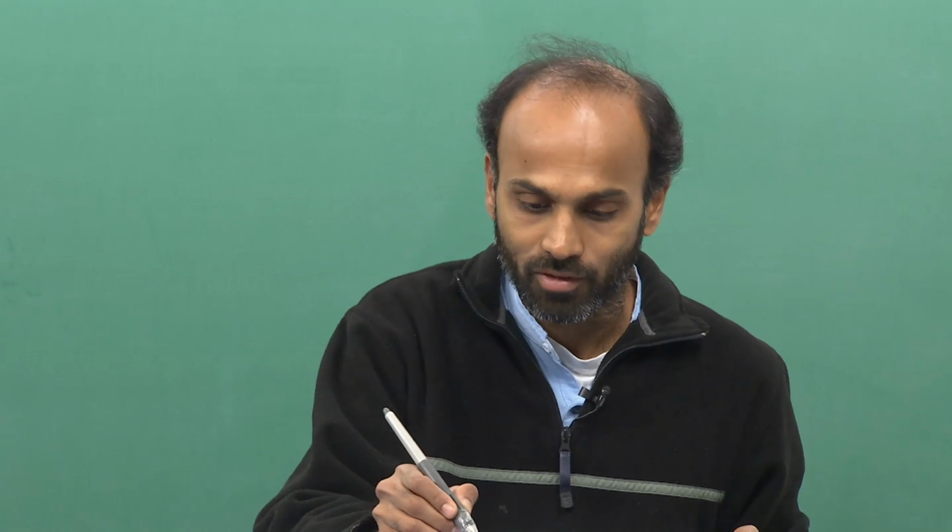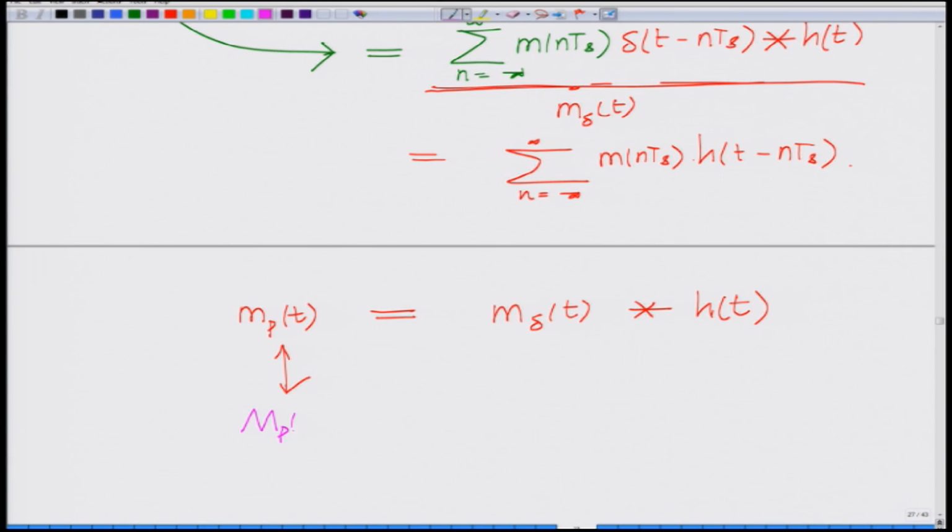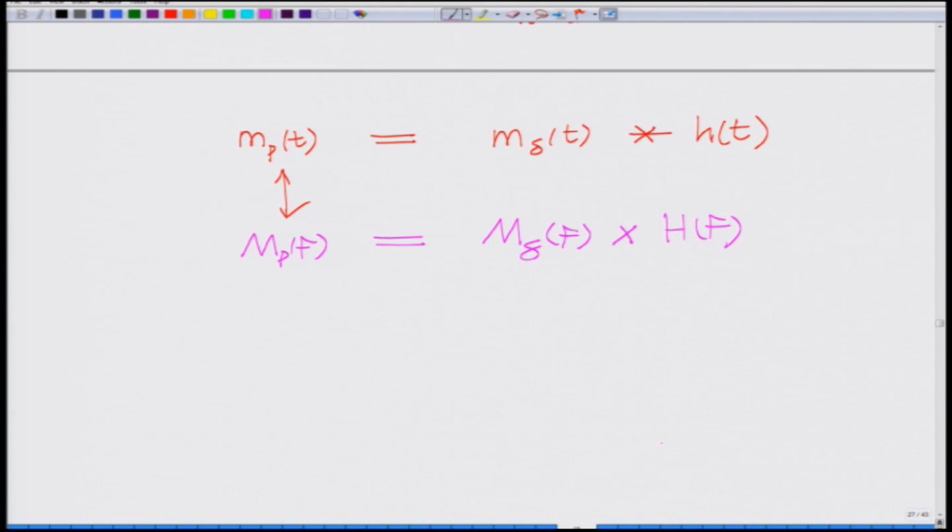Therefore, MP of f would be the Fourier transform of the impulse sampled signal, M delta of f, times H of f.